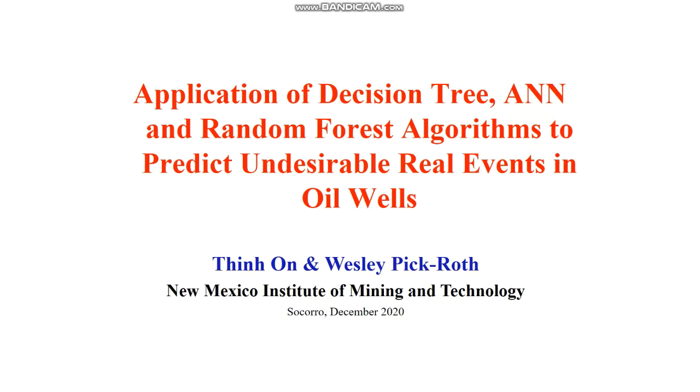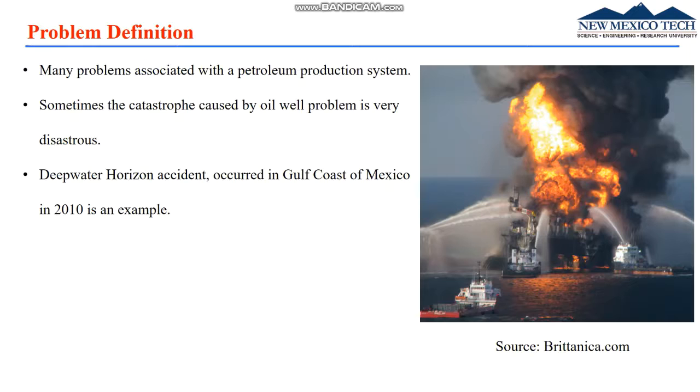My term project is about the application of decision tree, artificial neural network, and random forest algorithms to predict undesirable events in the oil wells. You know that in oil wells, many problems are associated with a petroleum production system. The figure right here is an accident that happened in the Gulf Coast of Mexico in 2010.